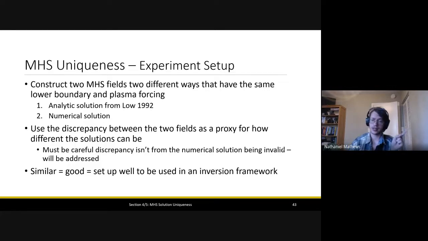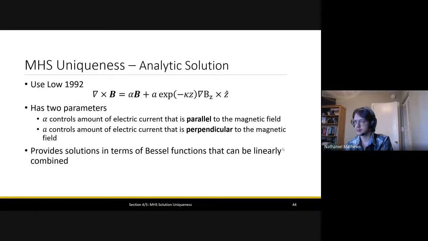One of the ways we'll build it is the forward solver that I just talked about. The other way we'll build it is the Low 1992 model, which is an MHS model. The reason we're using the Low 1992 model is because it has a really nice parameterization to it. Not parameter in the sense of the way I've been using it, the inverse problem search parameters.